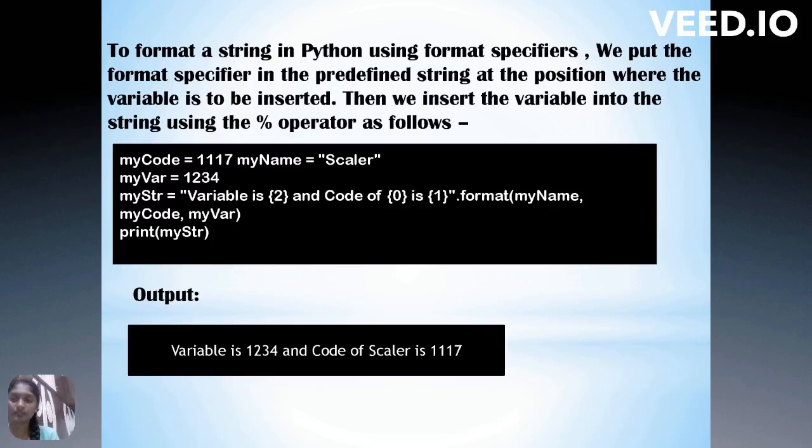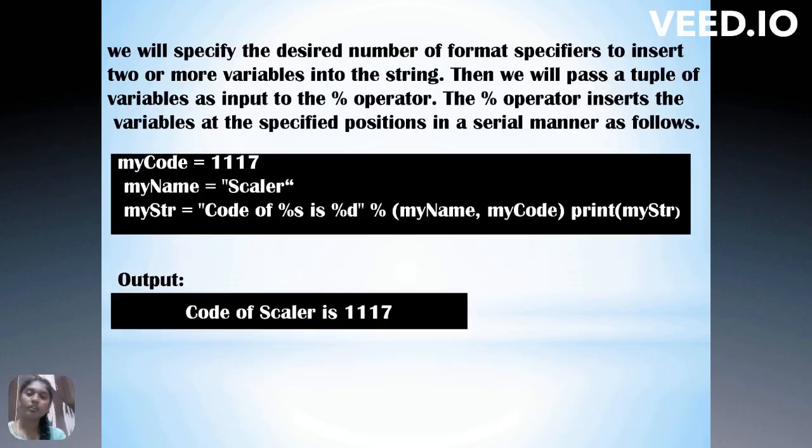Next, to insert two or more variables into the string, we pass a tuple of variables as input to the percentage operator. The percentage operator inserts the variables at the specified positions in serial order. Following is the example code.